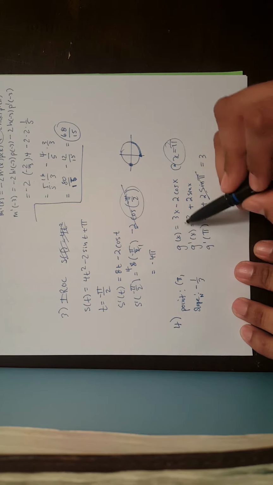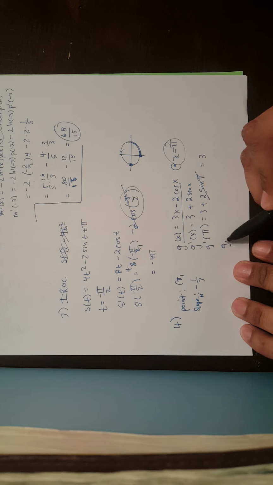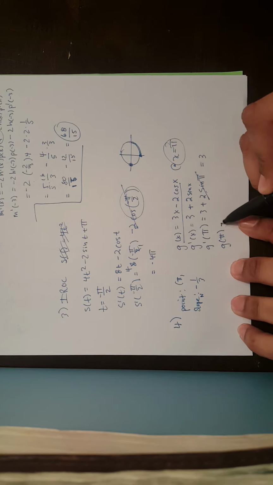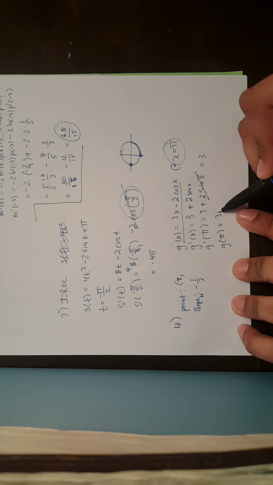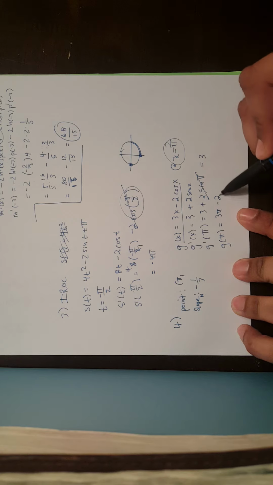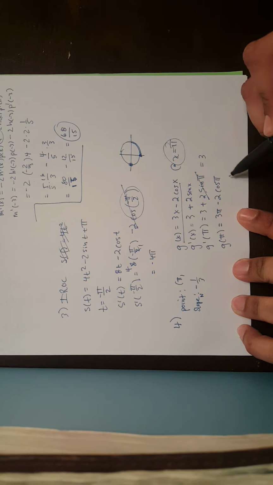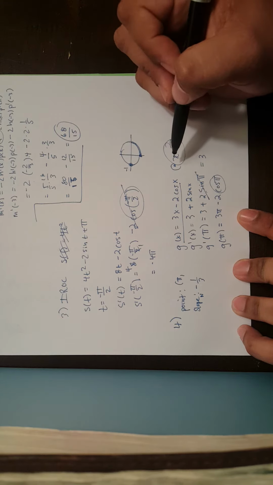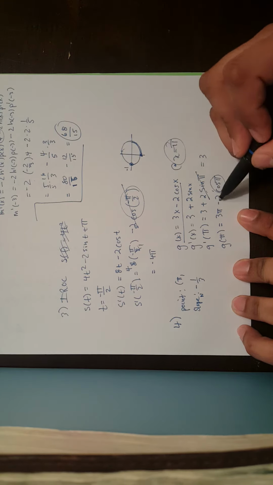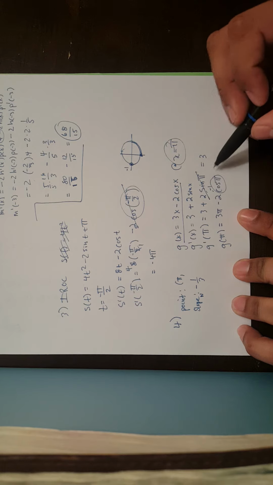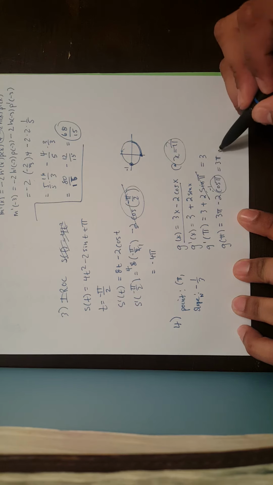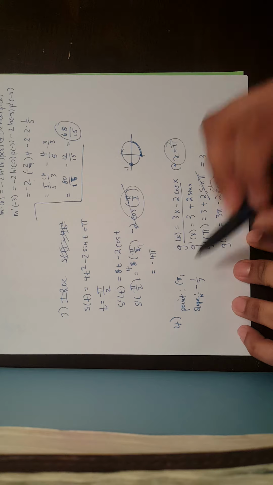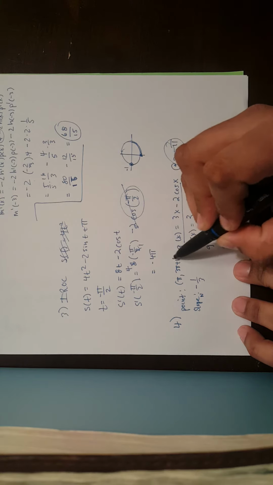Now to find the y, I need to plug it into the original. So g of pi is equal to 3 pi minus 2 cosine of pi. Cosine of pi is negative 1, because that's what the x value is there. So negative 1 times negative 2 is a positive 2, so we get 3 pi plus 2. So that's your y value.